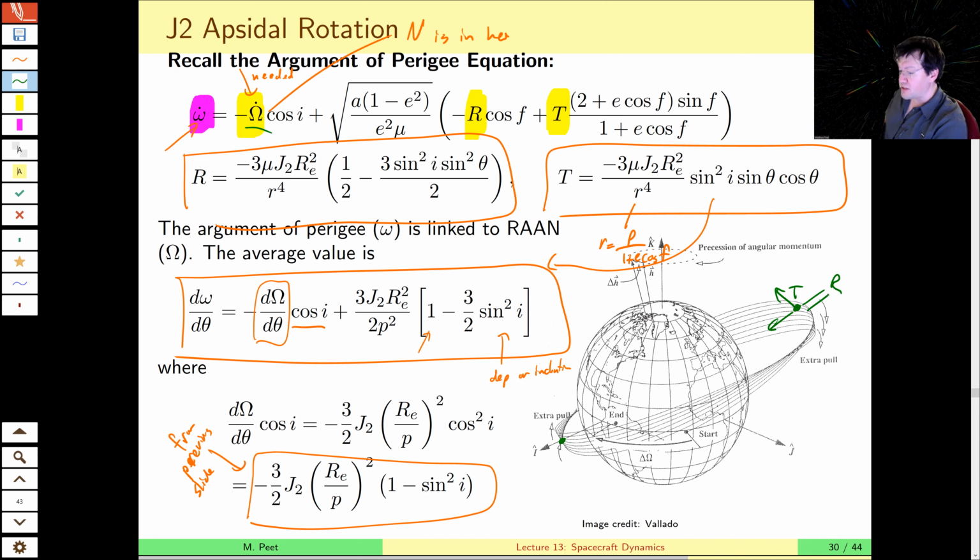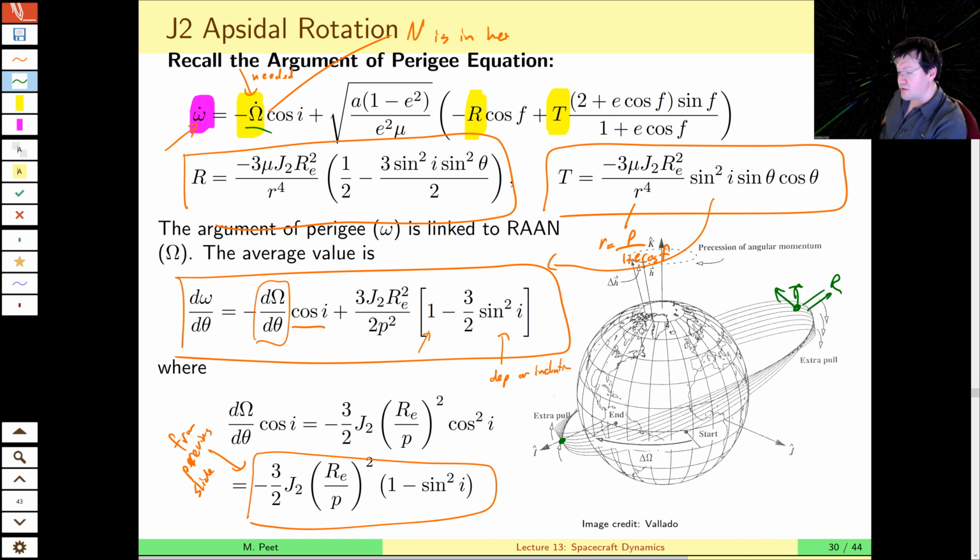Well, R is actually right in that direction, so the positive R is pushing you out. And so if it's pushing you out, if this is your periapse, then you're getting a little push that way.